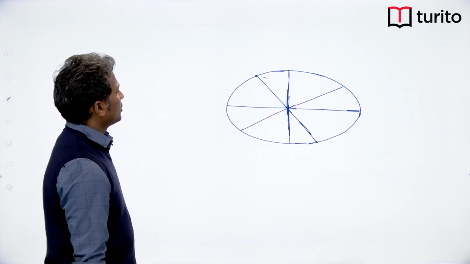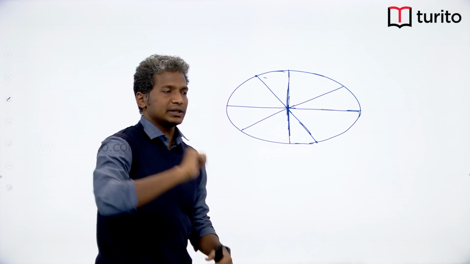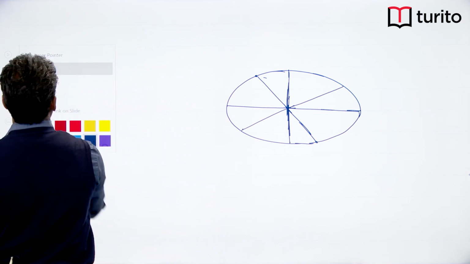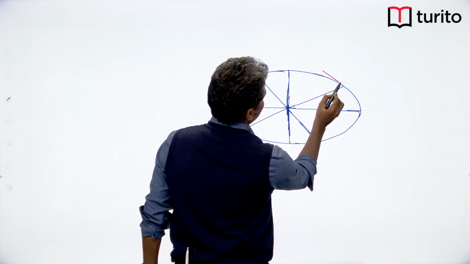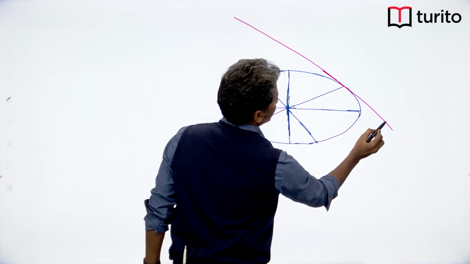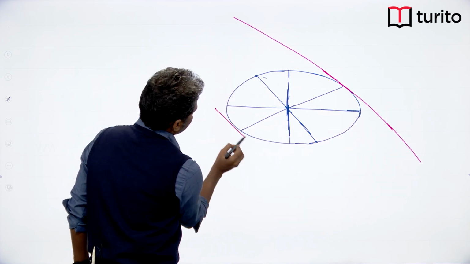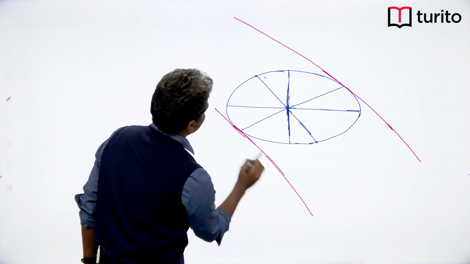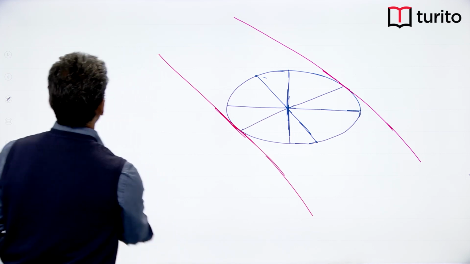Okay. So now at the ends of these two diameters, there are a total of 4 tangents. So here there is one tangent like this, and here also there is one tangent like this.